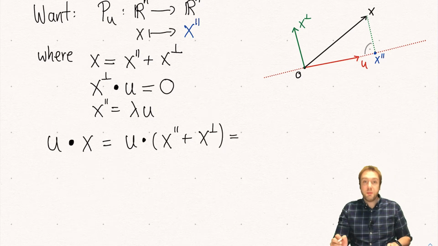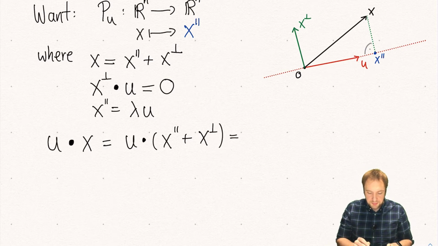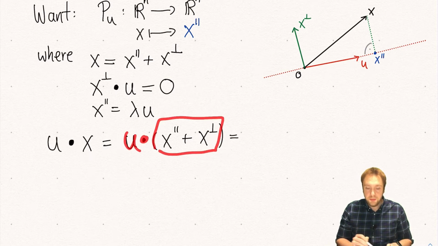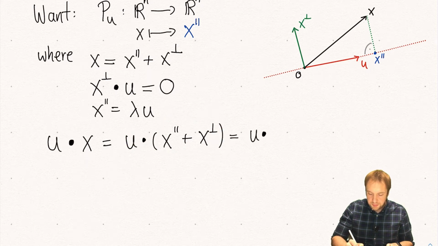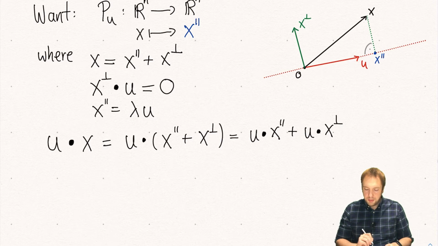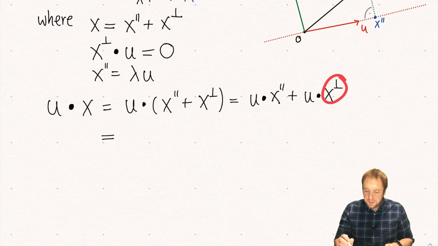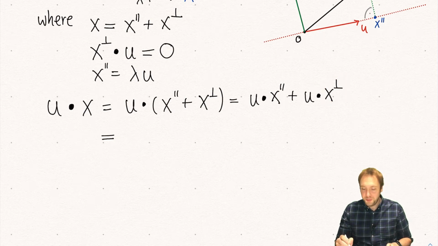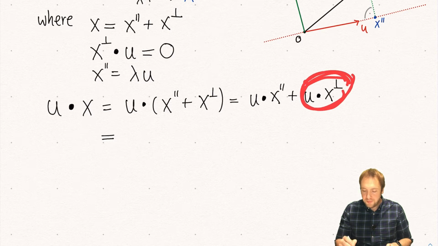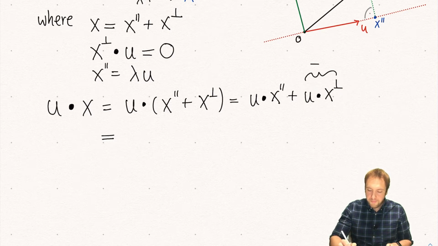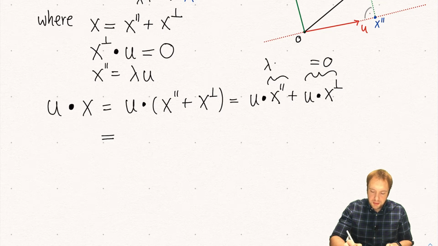And now we use one of the properties in the proposition that if I take the scalar product of a vector with the sum of two vectors, then I can take the scalar product with the first one plus the scalar product with the second one. So we have this. And now this x orthogonal should be orthogonal to u. That's why we call it x orthogonal. And therefore this here should be 0. And here, this x parallel should be given by some lambda times u.